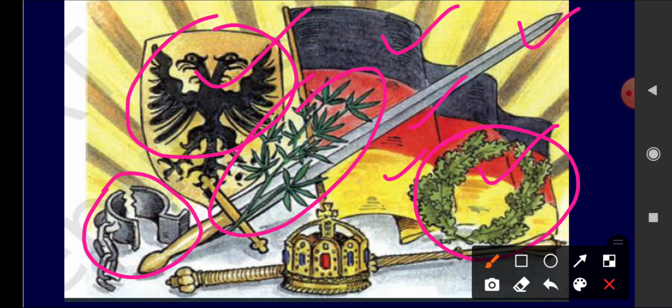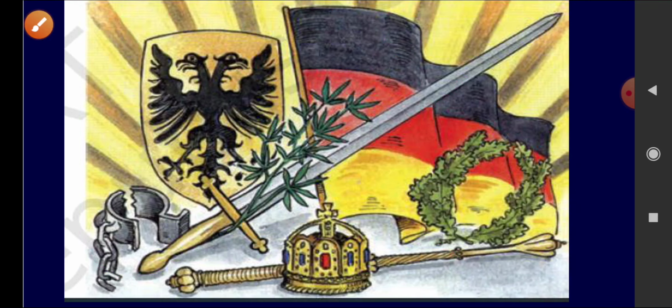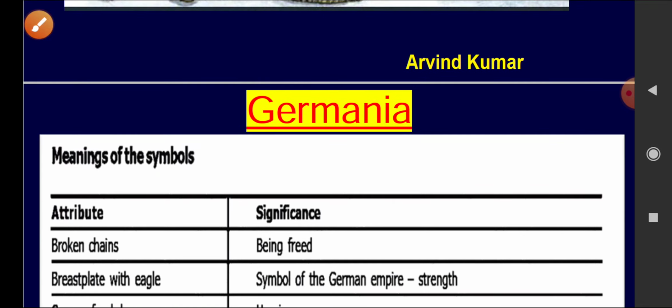A flag of the liberal nationalists in 1848, banned later on by the dukes of all German states. Rays of the rising sun are shown here. These represent the beginning of a new era.